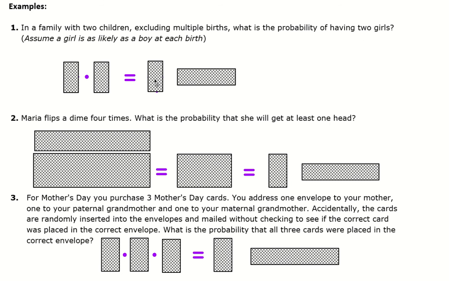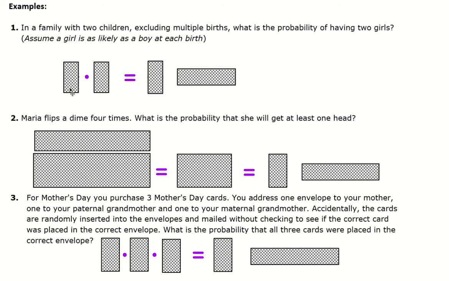So some examples that I would encourage you to do on your own before I just go ahead and reveal these answers. In a family of 2 children, excluding multiple births, like twins, you know what I mean? So 2 children, what is the probability of having 2 girls? Assume it's basically a 50-50 chance, which it basically is. But what's the probability of having 2 girls in a row?